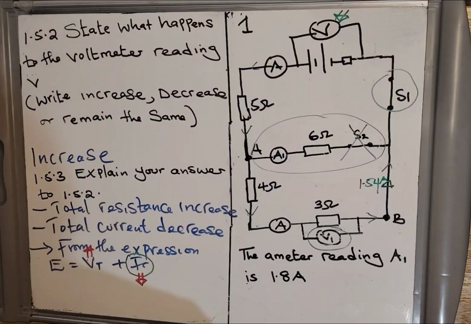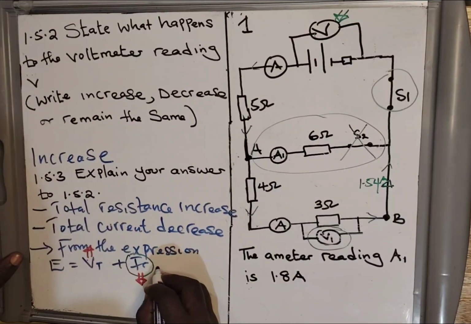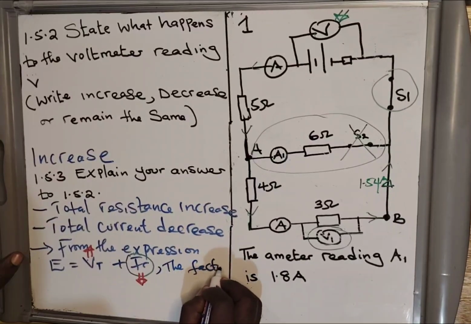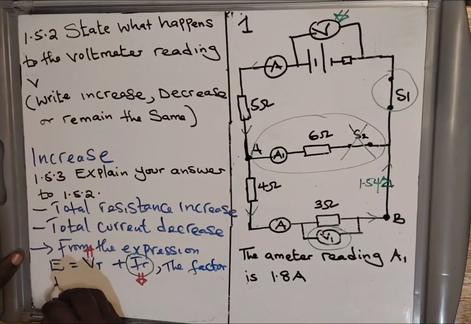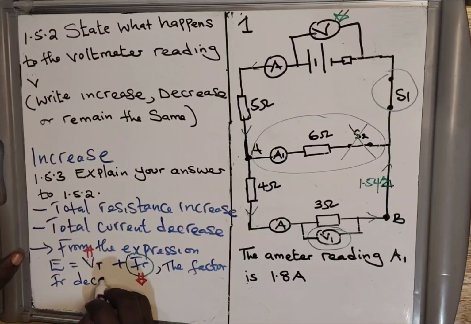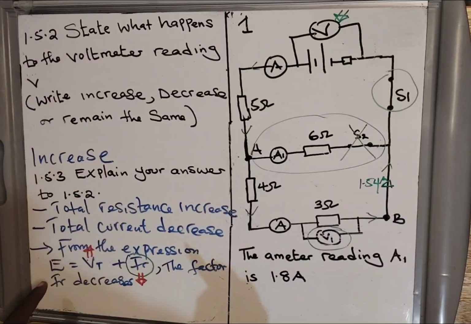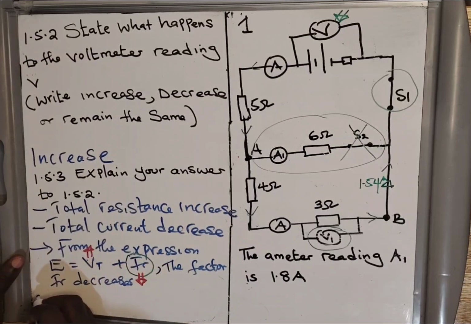And that's what you put. What are you going to say? You say here, the factor IR decreases. So we say from the expression altogether, this expression, the factor IR decreases. So what will happen?